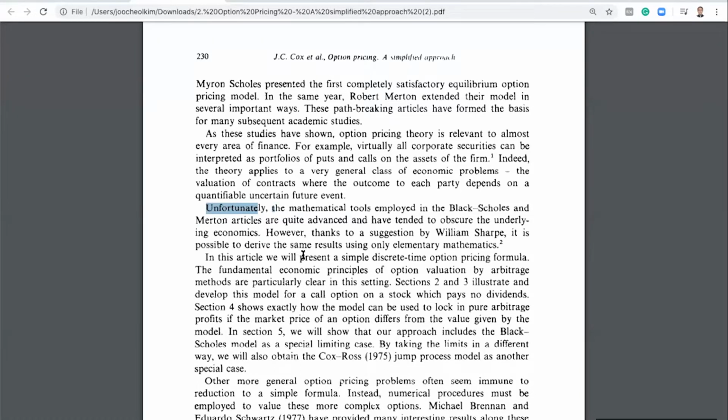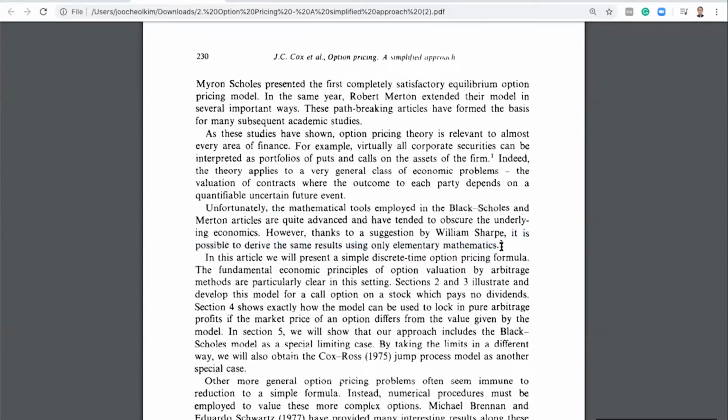But the reason why I'm talking about this paper is that the authors, the CRR paper, skip all those advanced mathematics, and they just use some elementary mathematics. They said that it is possible to derive the same result using only elementary mathematics.